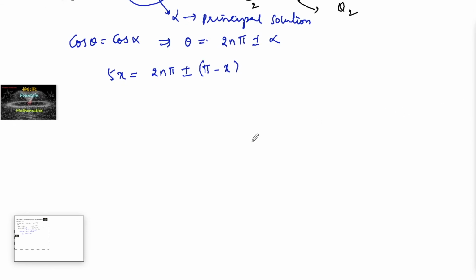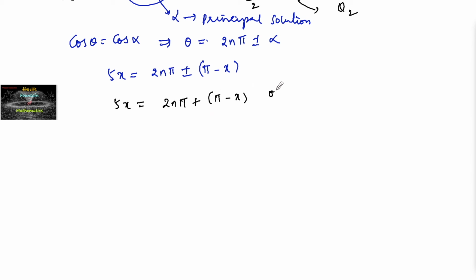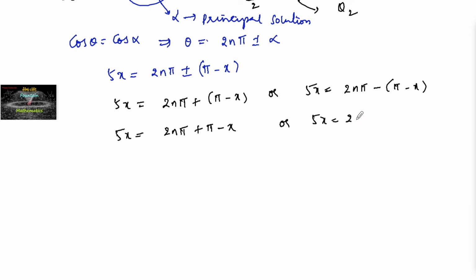So now this can be written: 5x is equal to 2n pi plus of pi minus x, or 5x is equal to 2n pi minus of pi minus x. We can write this as 5x is equal to 2n pi plus pi minus x, or here 5x is equal to 2n pi minus pi plus x.